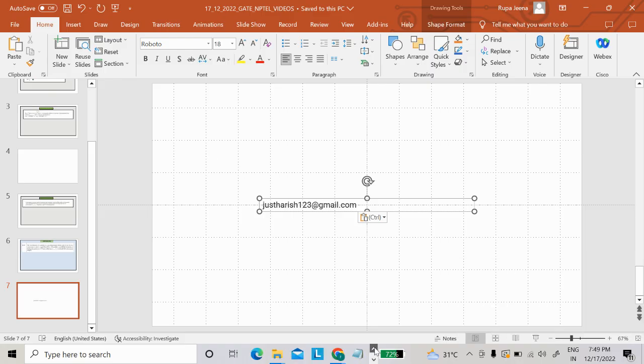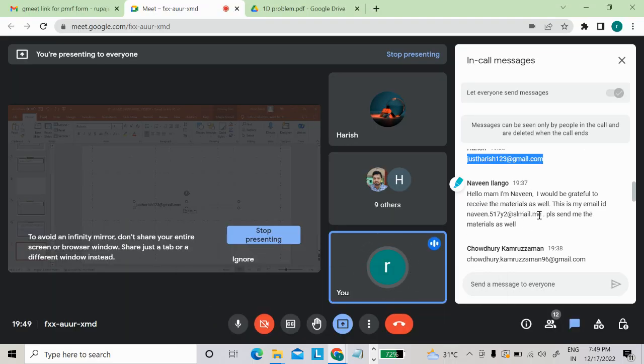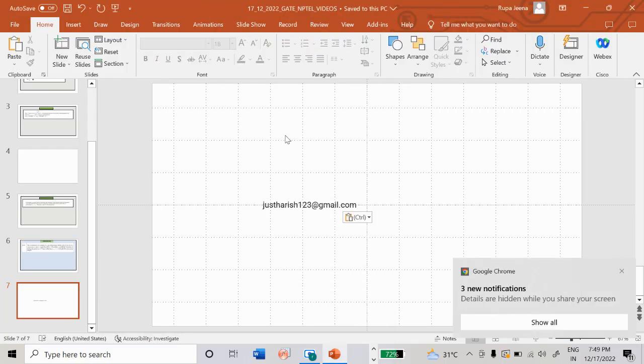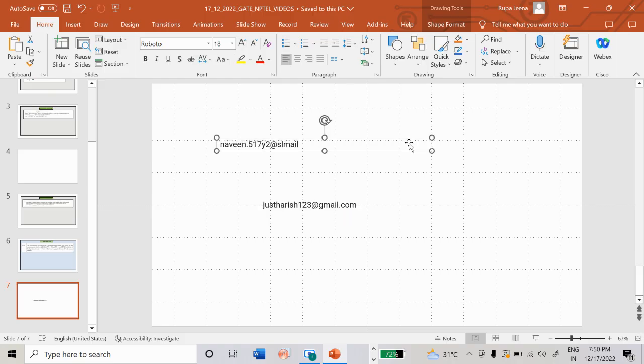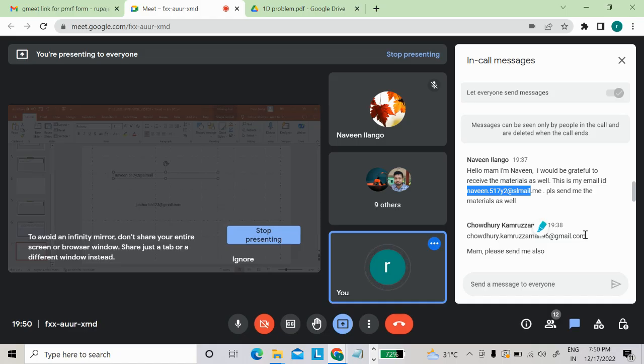Okay. One is those students who have given me their mail ID. I'm just taking their mail ID. This is my mail ID. Okay. Naveen has also given me his mail ID. One more is Naveen. Your mail ID is naveen.517y2 at the rate SL mail, right? SL mail. Okay. Now one girl is Chaudhary.